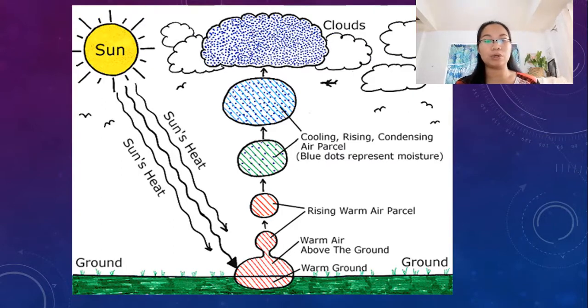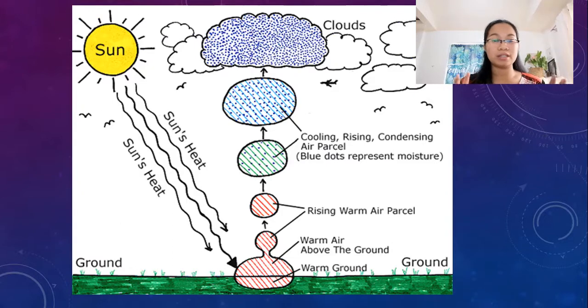But take note that condensation, or the formation of clouds, has two more requirements. One is that the air is saturated, and also that there should be condensation nuclei. So what is condensation nuclei? These could be particles or a surface where the water droplets can be attached.